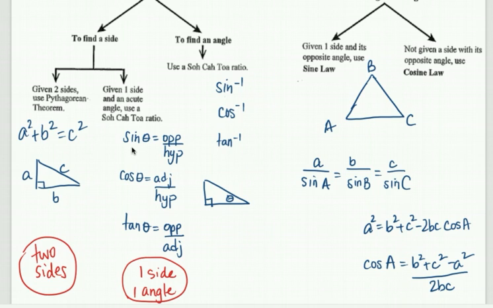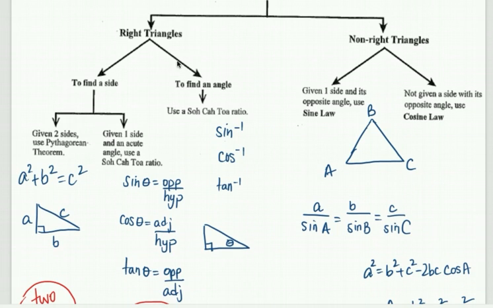SOHCAHTOA: sine theta is opposite over hypotenuse, cosine is adjacent over hypotenuse, tangent is opposite over adjacent. So you're going to use these, filling the angle in and one of the sides in, solving for the missing side.